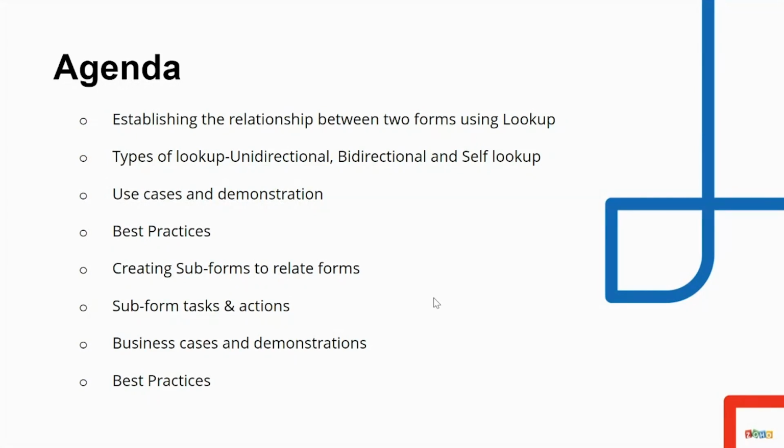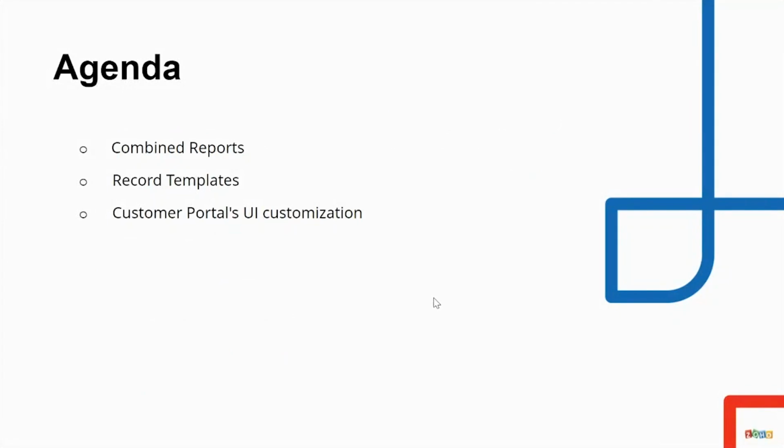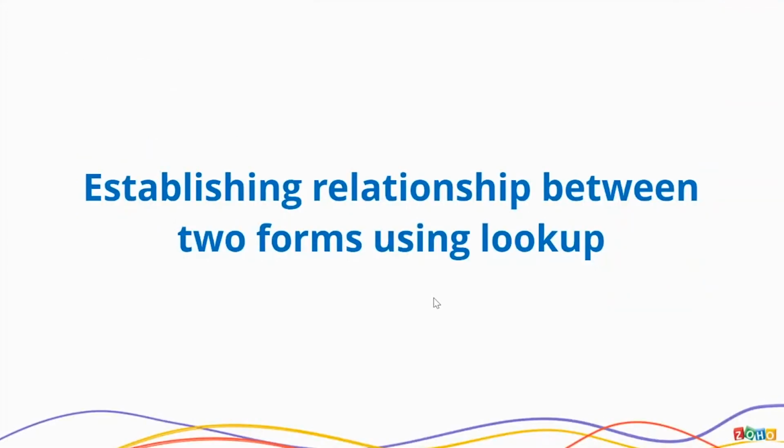How do we establish relationships using subforms, and a few subform tasks and actions? We'll take you through a business case and a live application demonstration, and best practices to be followed while using a subform. Following that, I'll also be taking you through the combined reports concept, record templates and how they can be used across the application, customer portals, and UI customization. So let's get started now.